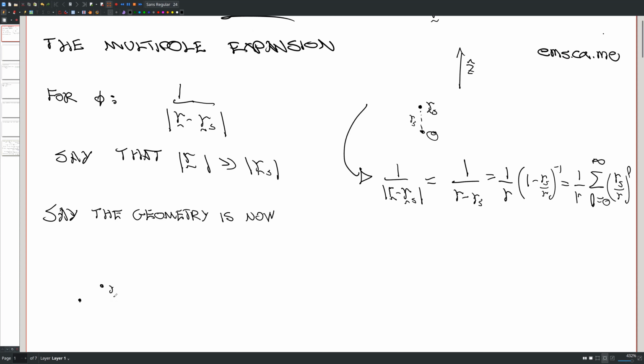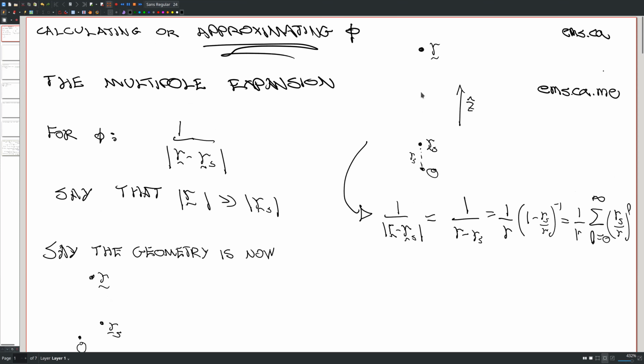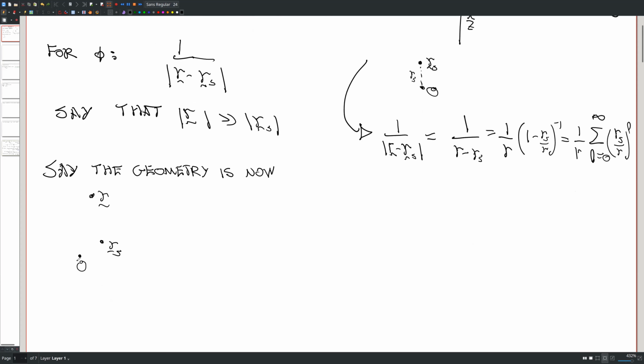I've got the RS here. That's my origin. And say I put the R then here. So it's not the same lineup that we have. Here they were co-aligned, and I could transform immediately this thing into a function of scalar distances. But now I've got a different arrangement because the vector RS is not aligned with the vector R.